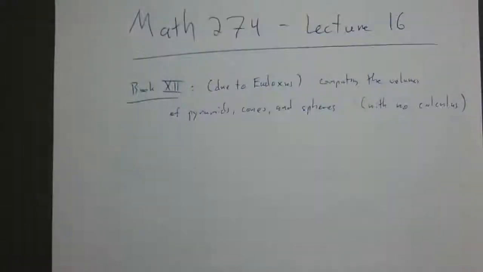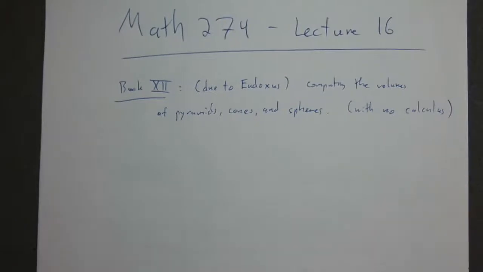All this is the contents of Book 12. As I was mentioning before, as these diagrams are getting worse and worse, it turns out that if you bring modern algebraic machinery to bear on these computations, it makes some of them really, really easy.